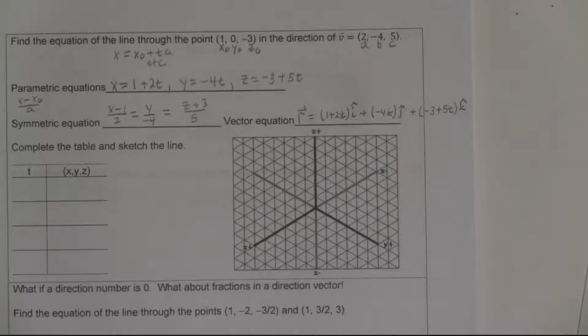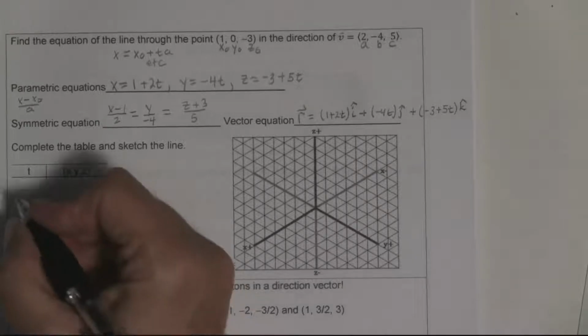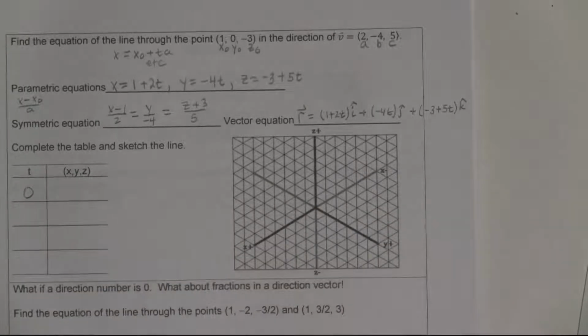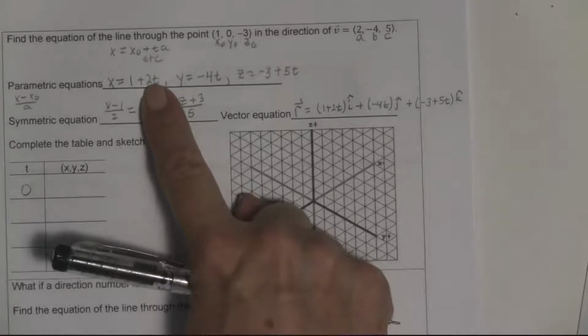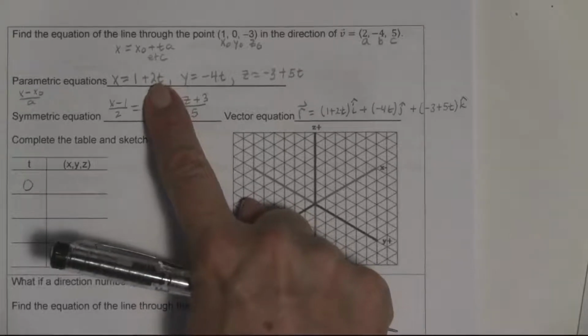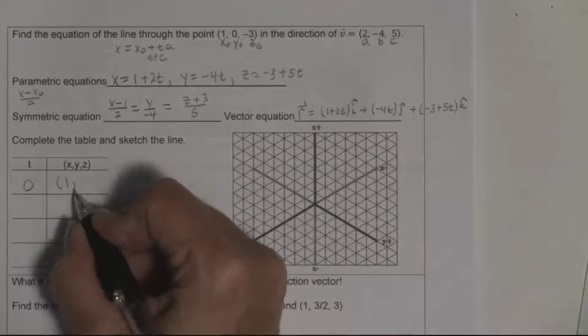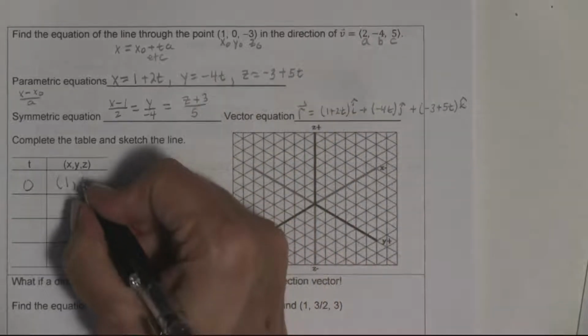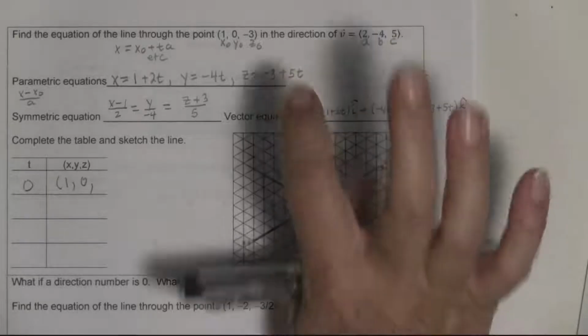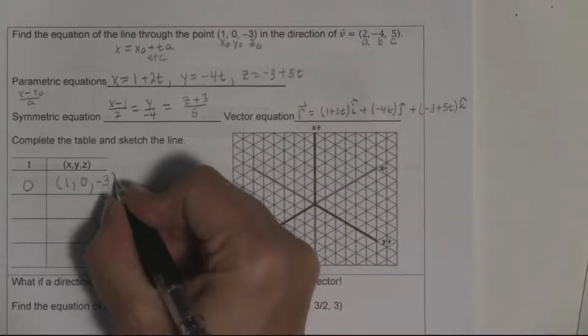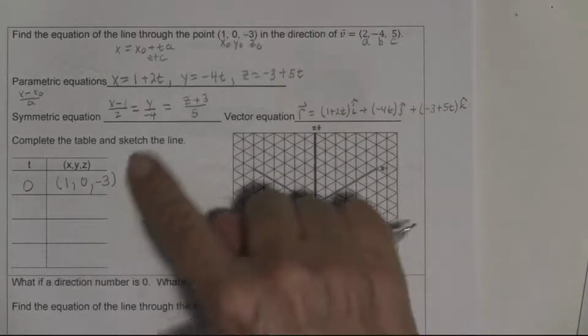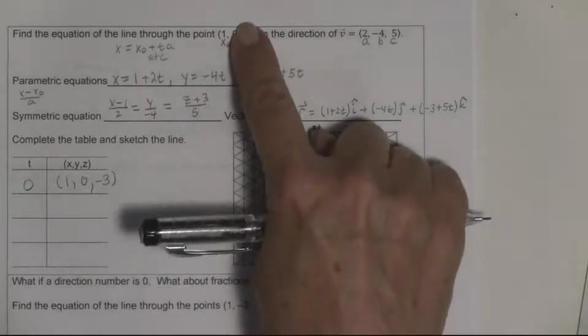And then if I pick some points, for example if I pick t as 0 and put it into this equation, I would get the ordered triplet (1, 0, -3). I hope you're saying, oh yeah, well, that's just that point right there.